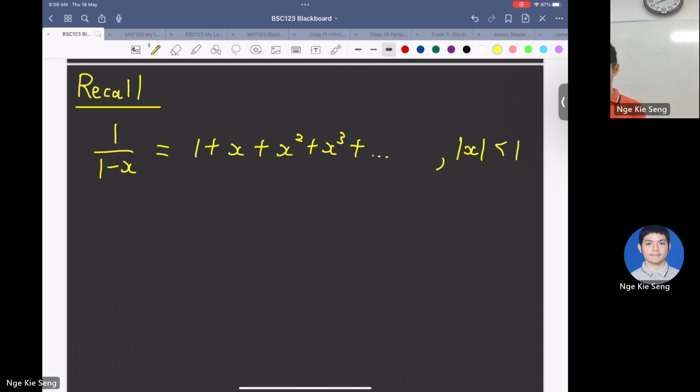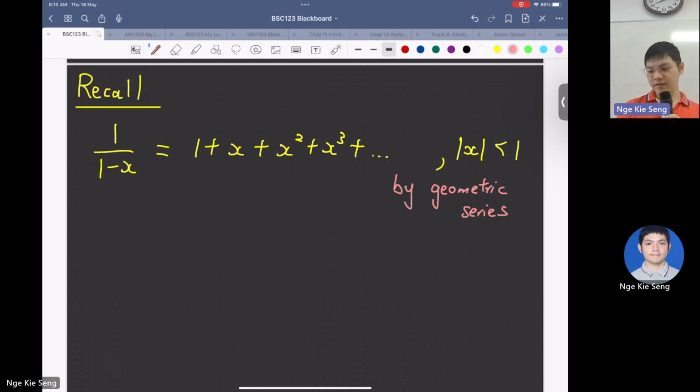It is 1. So how do we find this? This is by the geometric series, or the sum to infinity formula.